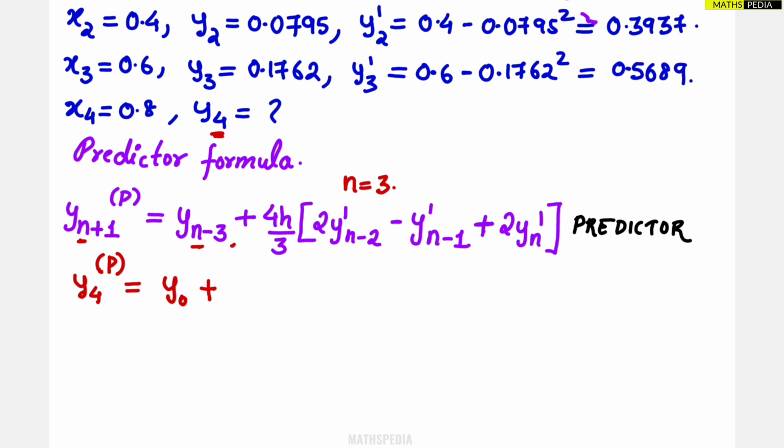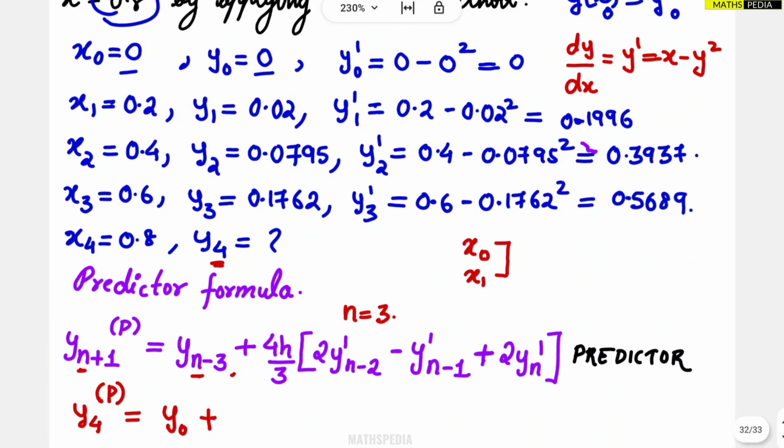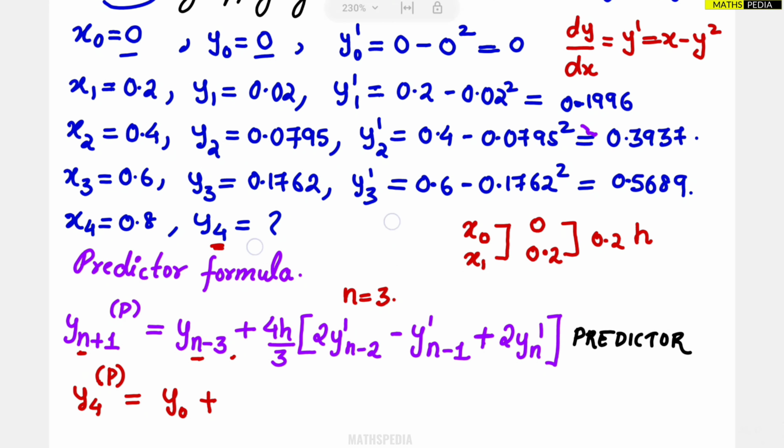You have to understand here that h is basically the step size. We have to see the x values. We started with x0, then we go to x1, then x2. What is the gap between these? The interval gap you can observe is from 0 to 0.2, so there is a gap of 0.2. In each stage there is a gap of 0.2. That denotes the step size, which we call h. So the h value is 0.2.